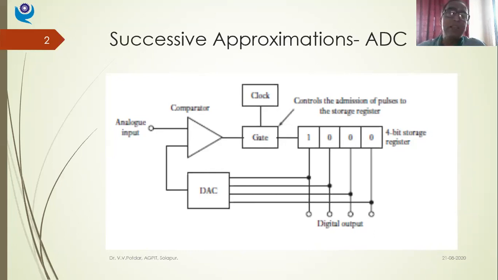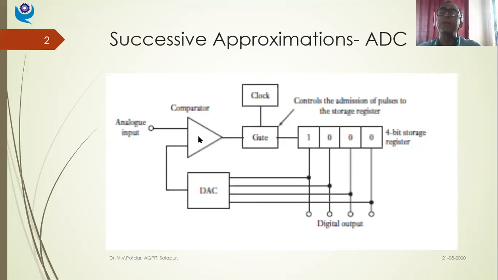So till I reach this generated signal, this is my generated signal, till my generated signal, which is converted into analog form, becomes equal to or slightly more than the analog signal, till that time, this gate will not be opened.